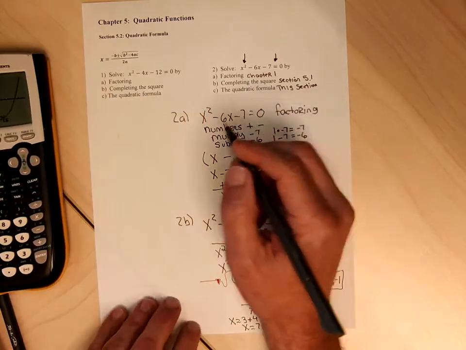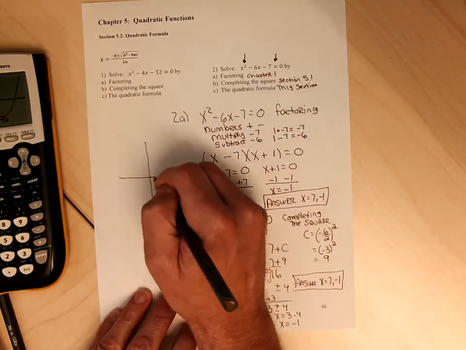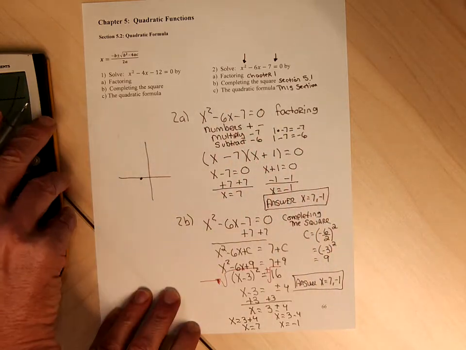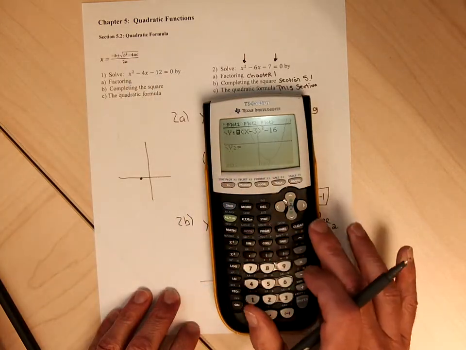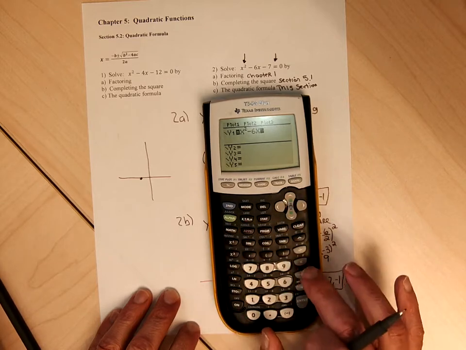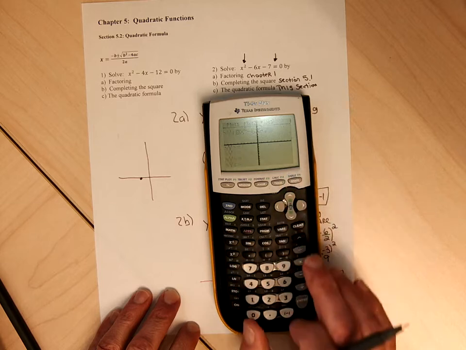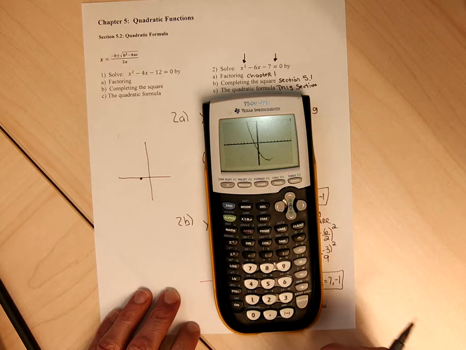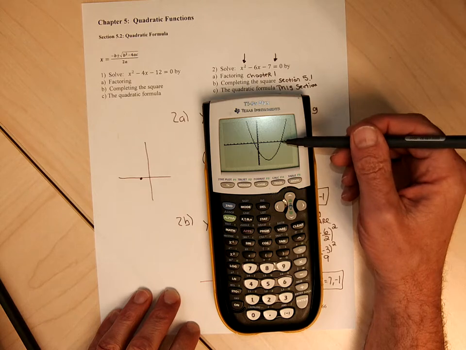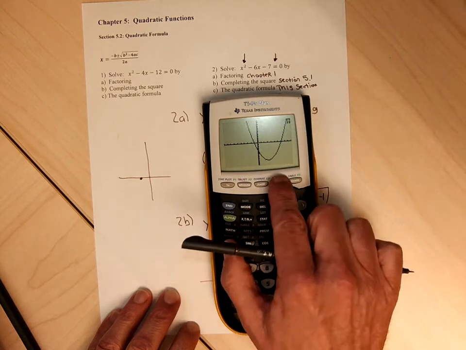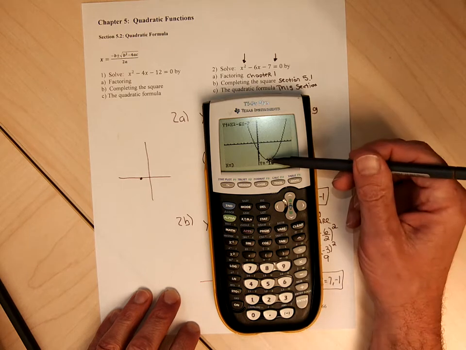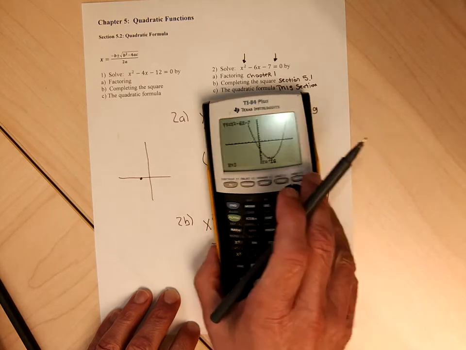So just for those of you that are visual, if I graphed this function, x squared minus 6x minus 7, I guess I should have just graphed that. That would have made more sense. If I graphed x squared minus 6x minus 7, it crosses the x-axis at negative 1, it crosses the x-axis at positive 7, and the bend in the parabola is at the point 3, negative 16.